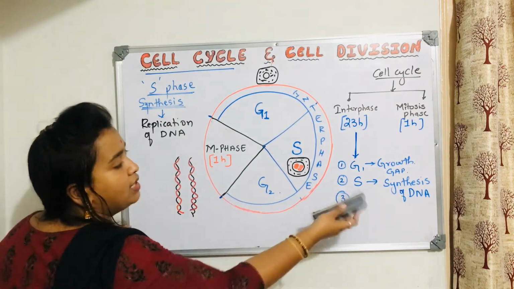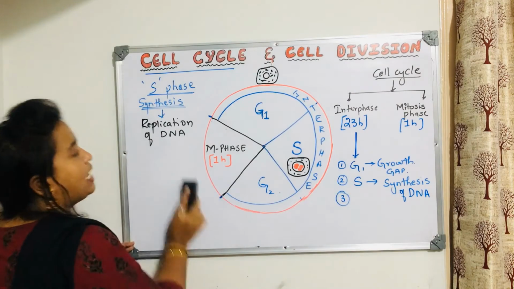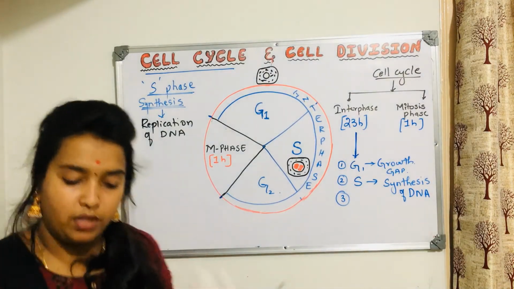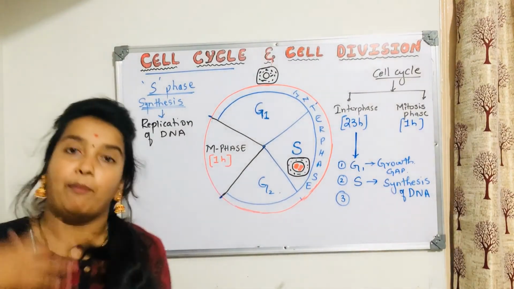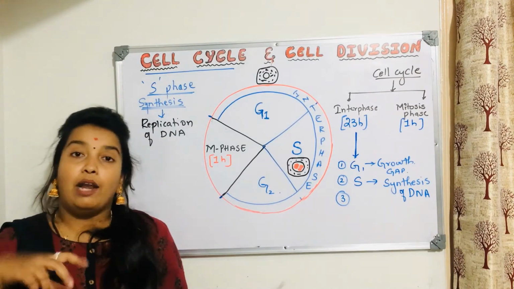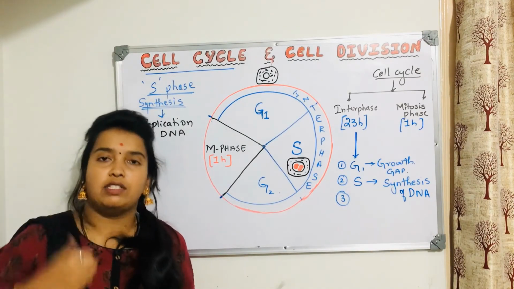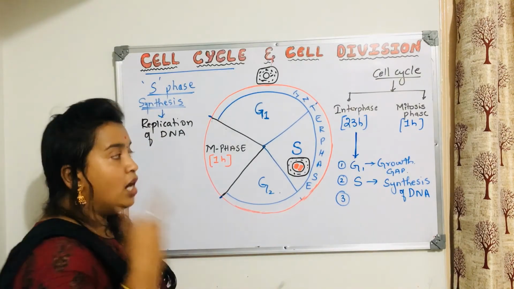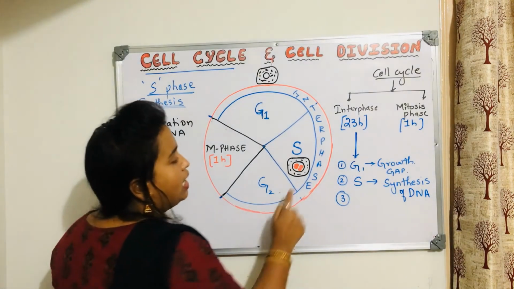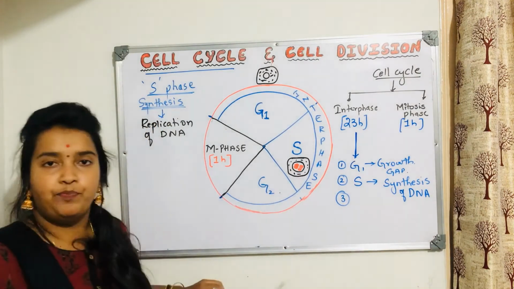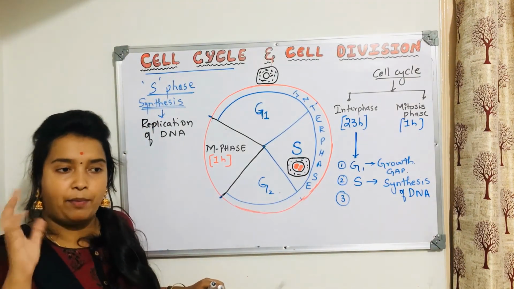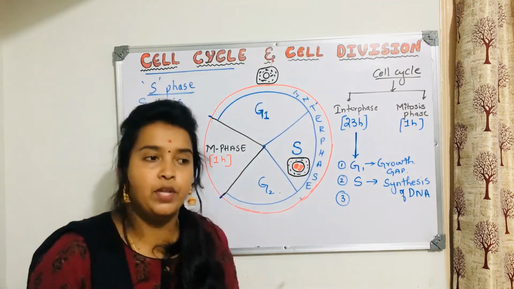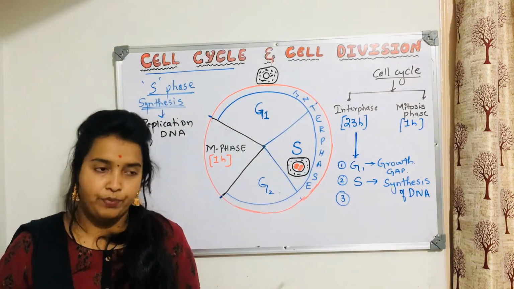I hope the synthesis phase is clear. What is happening in the synthesis phase is that the DNA is replicated. Along with DNA, there is one more thing happening here that you should remember. Along with the synthesis of DNA, in the cytoplasm, in the previous chapter we did microtubules and centrioles, yes or no?